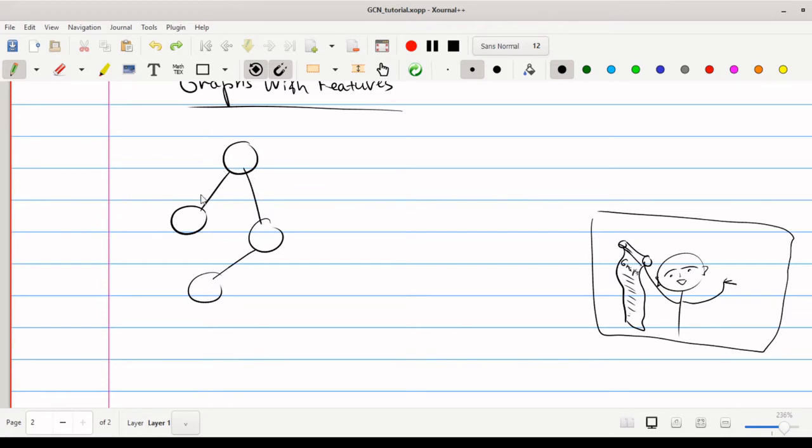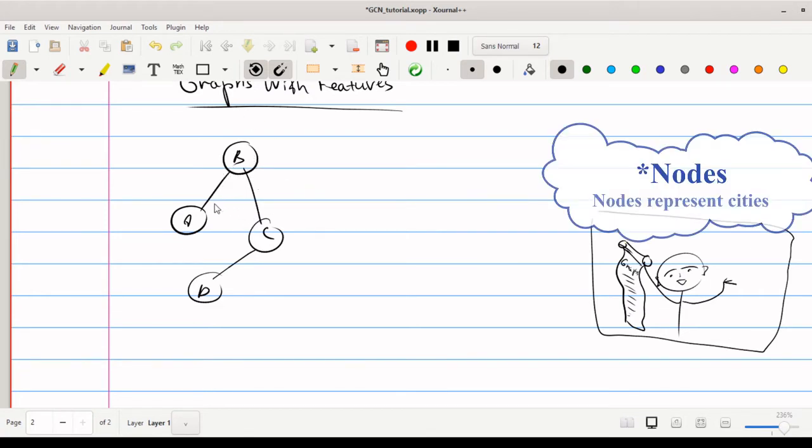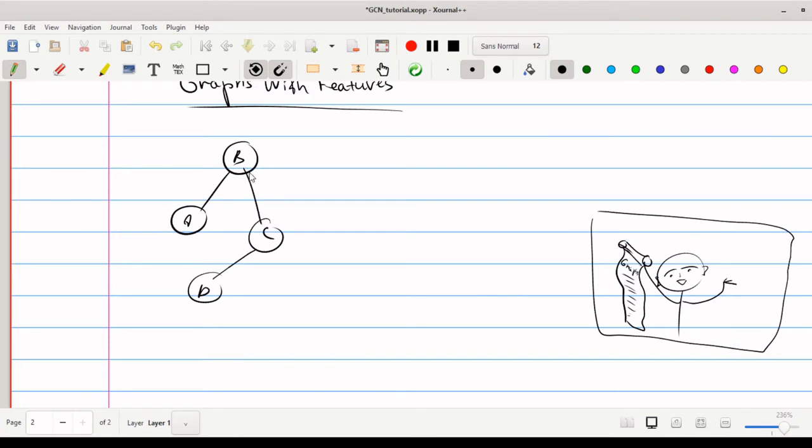So for example, if nodes represent cities, so very non-creative names for the cities, but nevertheless. So if nodes represent cities, and let's say the edge corresponds to the fact that there is an airline, or there's a flight available between those two cities, and let's say the edge could have a length.